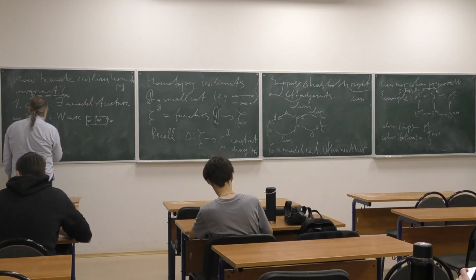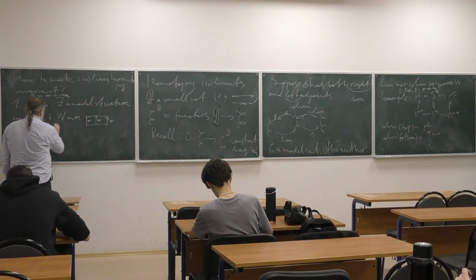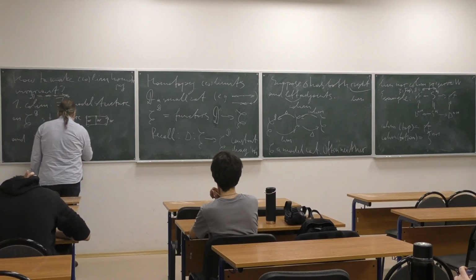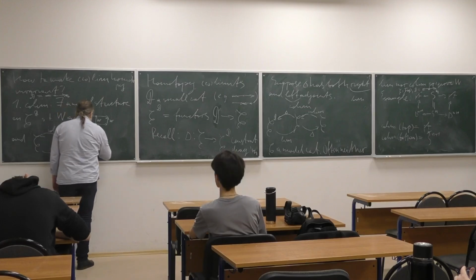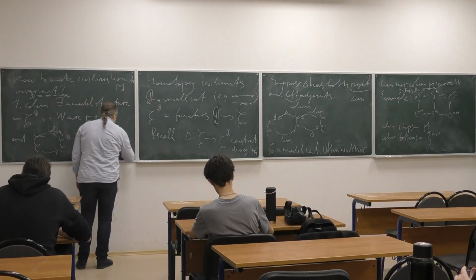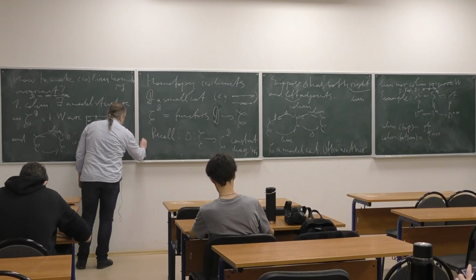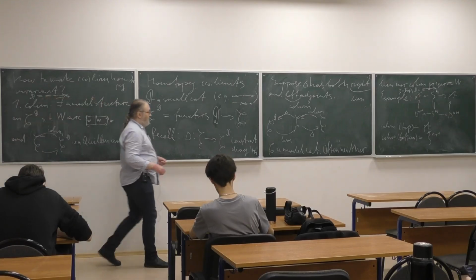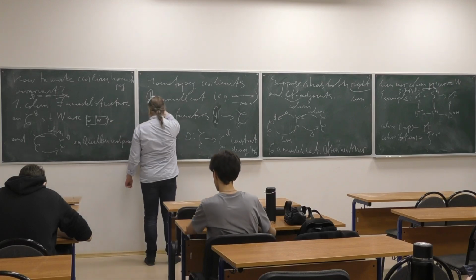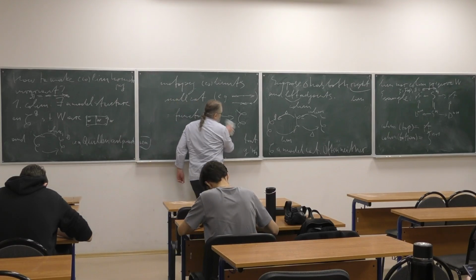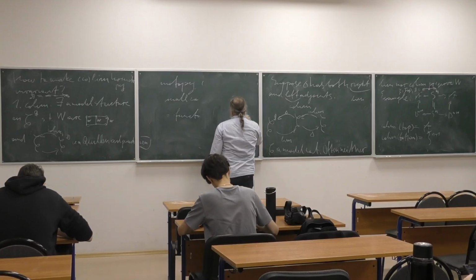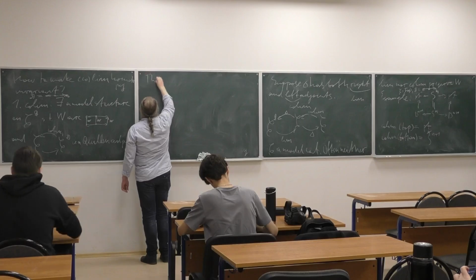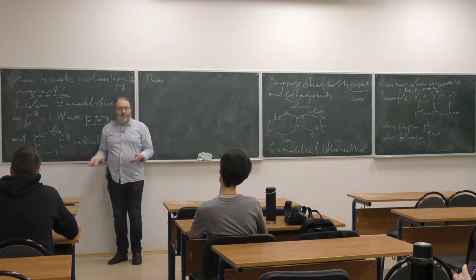So we have C, colim, C to the D, is a Quillen adjunction. And then there is a pair of adjoint functors between the homotopy categories.